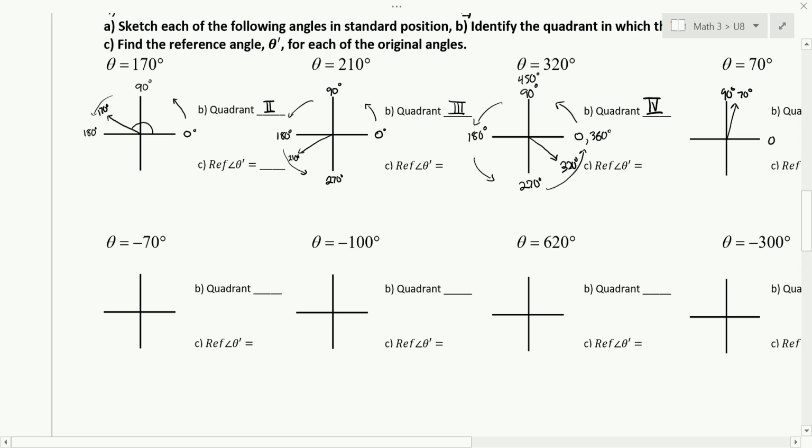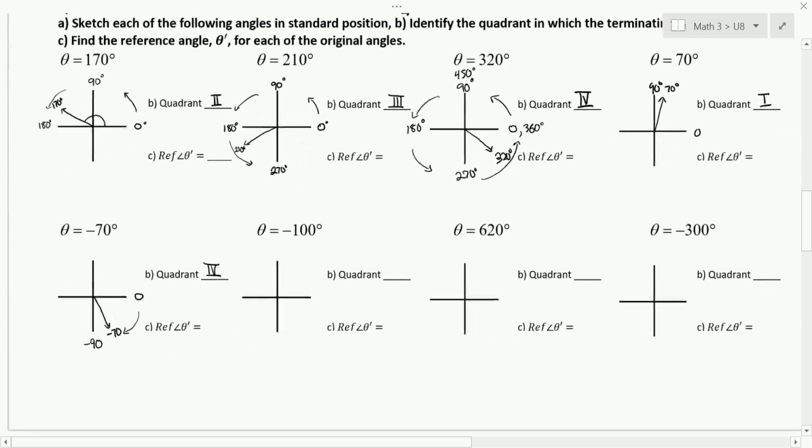And how would we find negative 70? Go clockwise. Still start at the positive x-axis, that's 0 degrees, but now we're going in the negative direction. This would be negative 90, and negative 70 would be between 0 and negative 90. So that would be in quadrant 4. Okay. So finish the next 3.